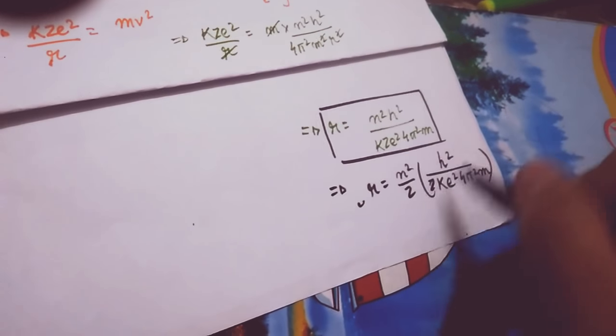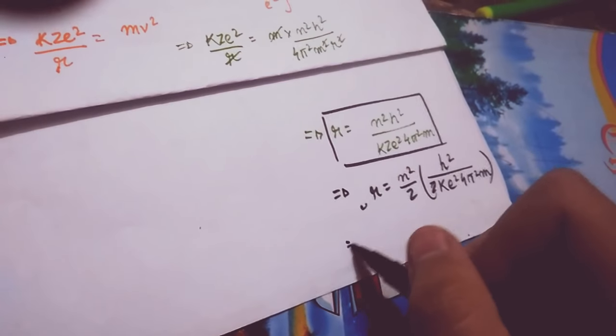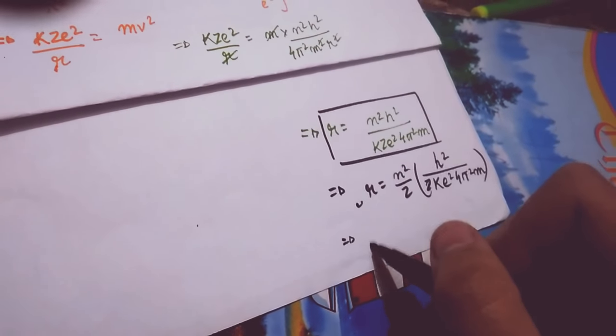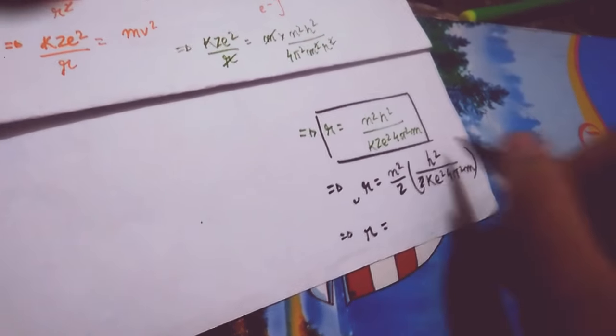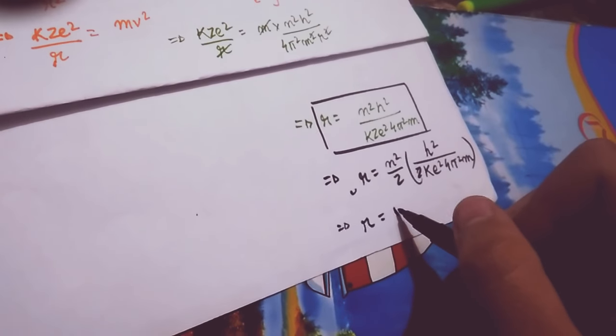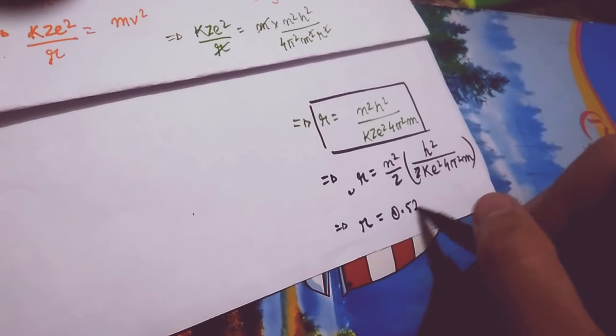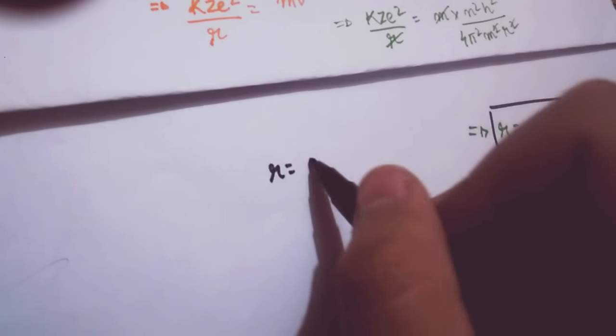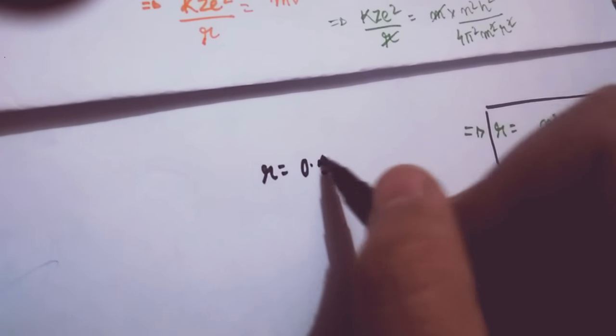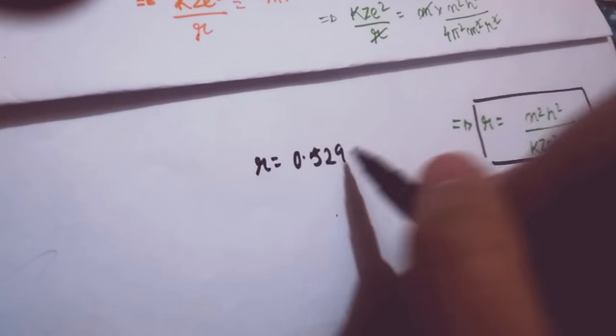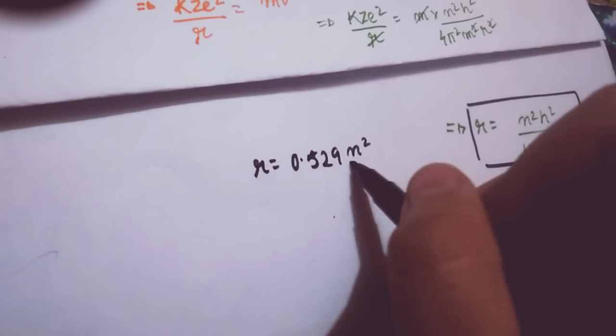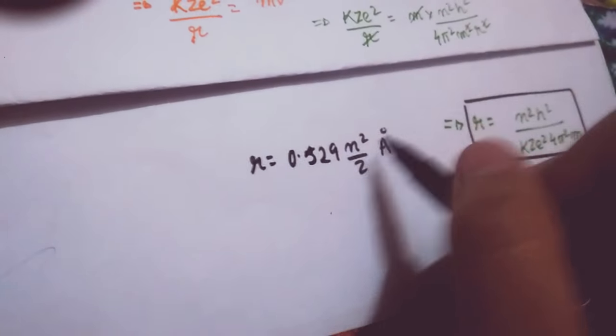When the scientists calculated, you can also do this at home if you've got a lot of time, this value comes out to be r equal to 0.529 n squared by Z angstrom.